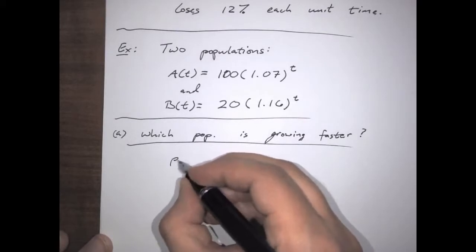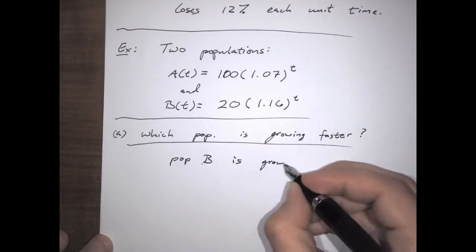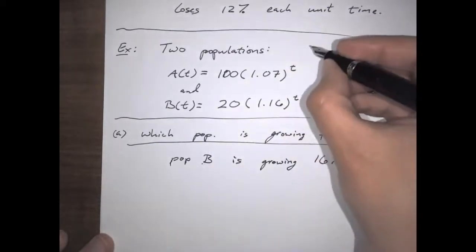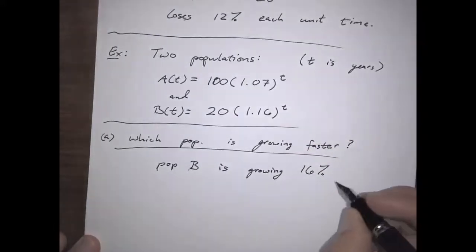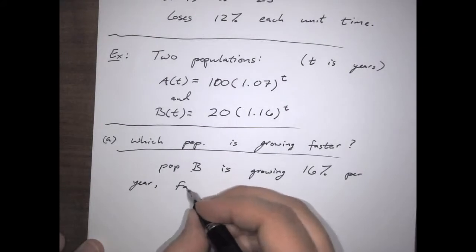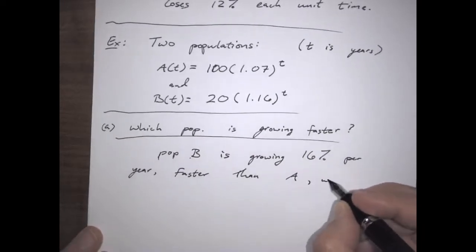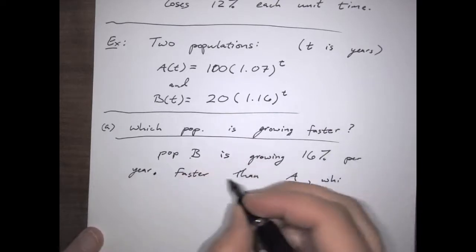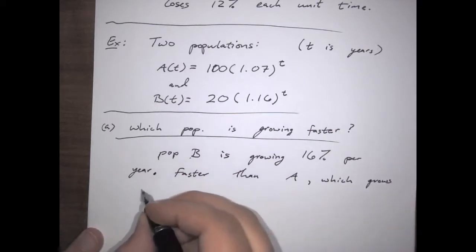So population B is growing 16% per year, and I should say t is years, which is faster than A, which grows 7% per year.